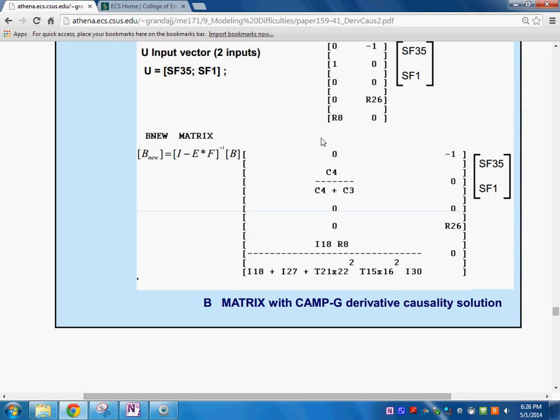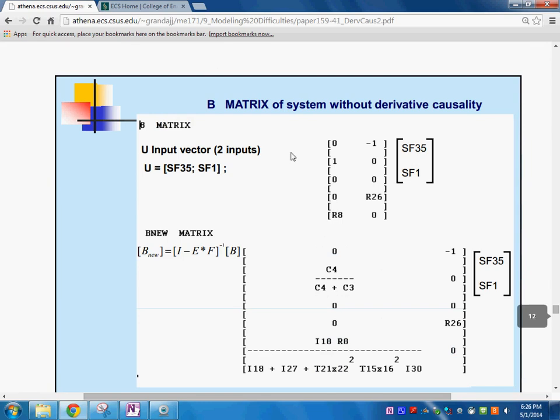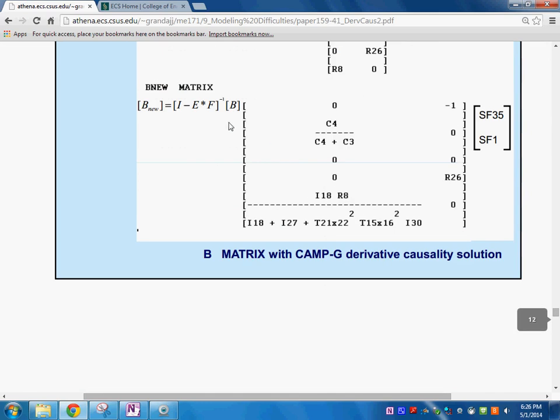Okay, so you have the two inputs in there, and then you have this U, and so B times B, these are the new matrix, this is the new B matrix.